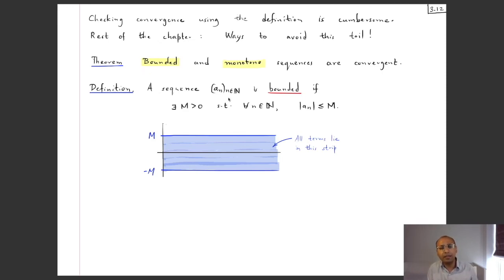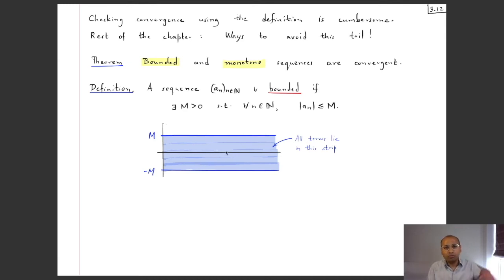A sequence a_n is said to be bounded if there exists a bound capital M, which is a positive number, such that for all the terms of the sequence, their absolute value is less than or equal to M. Now, this inequality, that mod a_n is less than or equal to M, is the same as saying that a_n is less than or equal to capital M and a_n is bigger than or equal to minus M. So in other words, all the terms lie below this line at level M and above this line which is at level minus M. So all the terms of the sequence lie in this strip.